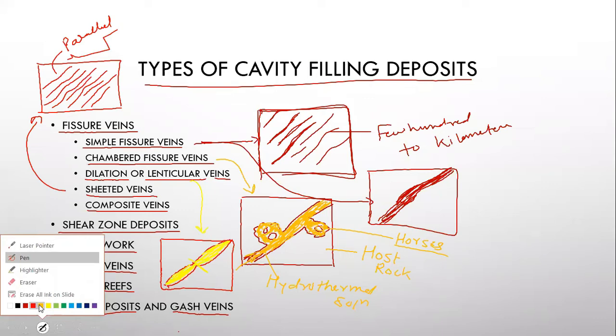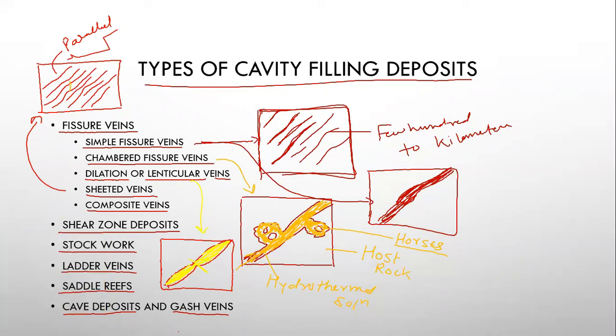Those will be parallel, but this will be interconnected. When these are interconnected, these are called composite vein deposits. Without interconnection, it is called sheeted veins. And if they are connected with some cross crack or cross fissure, it is called composite veins. I hope you understood.